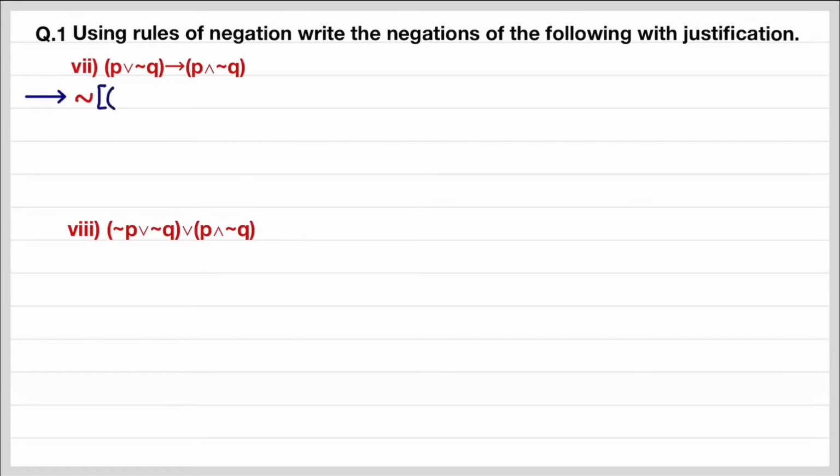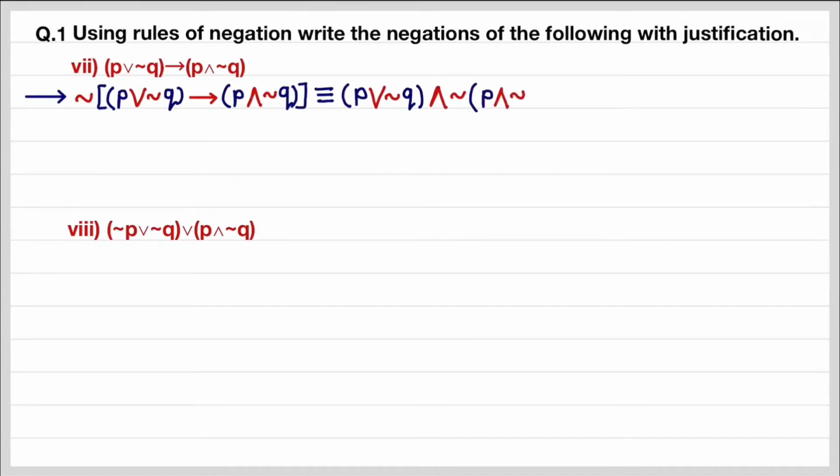Move to next one. Same question number 1 and 7th sub question. P or negation of Q implies P and negation of Q. Here implication is, so negation of implication is first statement and negation of second statement.